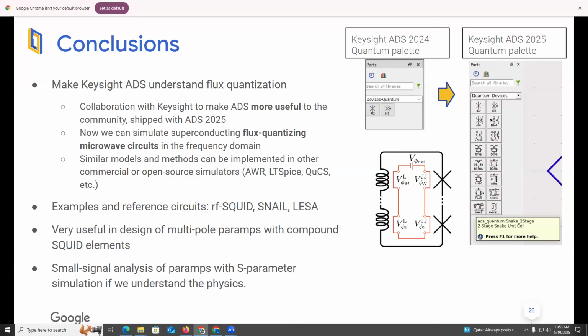So I haven't played with AWR for a while, but I kind of looked through the manual, and they definitely have equation-based devices. LTspice has equation-based defined voltage sources, I think. So you write the voltage equals and you write the equation and all that.